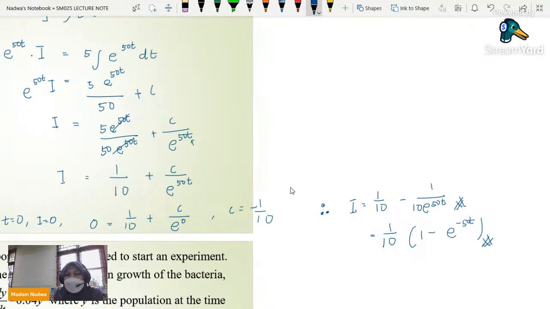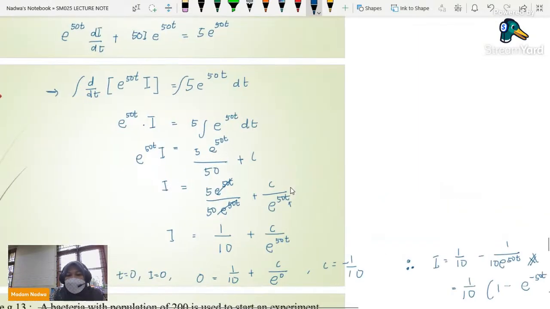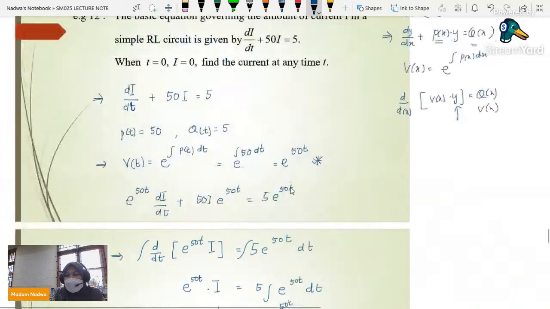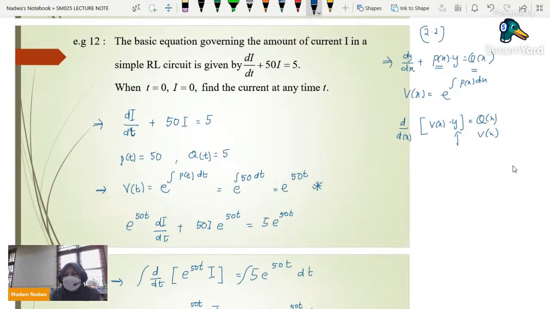So the most important thing about this application question is to get your differential equation correctly. So it's actually given to you. Given to you. Okay. And then how you solve them, but we don't use y and x. So that's why we have to be very clear with what we have in 2.2. Because if you have done the exercise 2.2, you will see that we have all these steps.